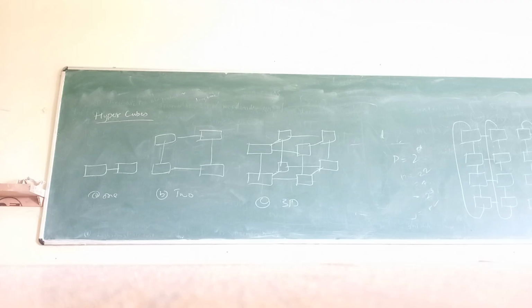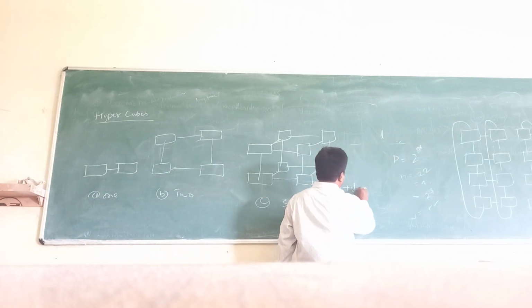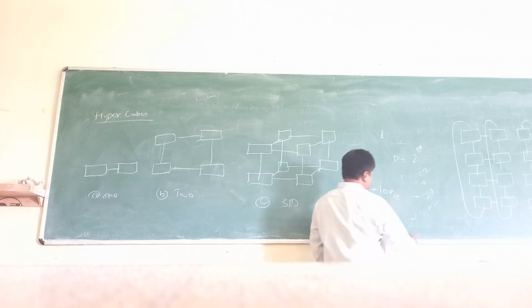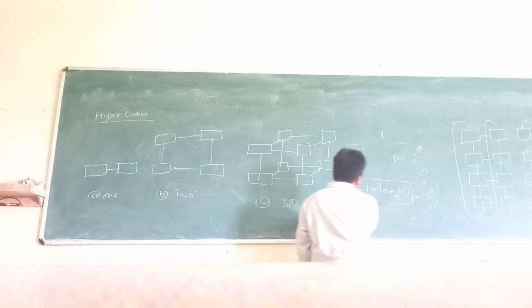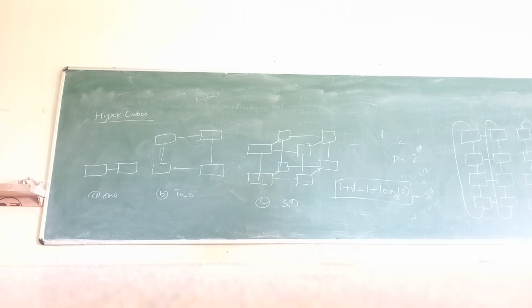This can be explained with a logarithm equation: 1 plus D equals 1 plus log base 2 of the number of processors P. To know how many dimensions the hypercube has and how many switches must be used, the power of that particular hypercube can be calculated with the help of the number of processors and switches. Okay, next topic, very easy, the last topic.